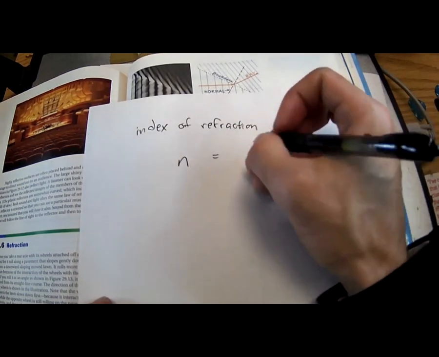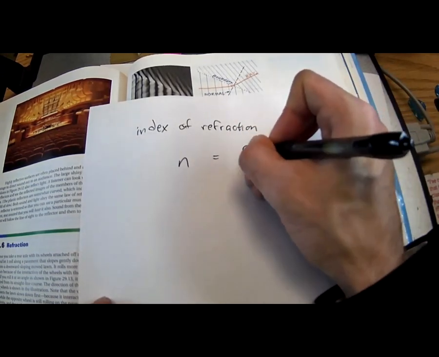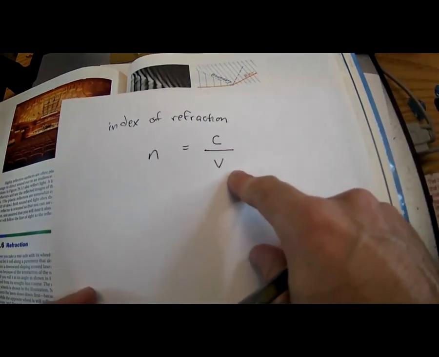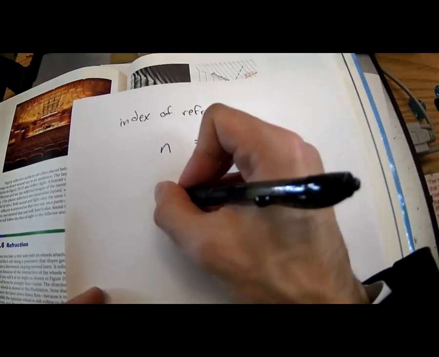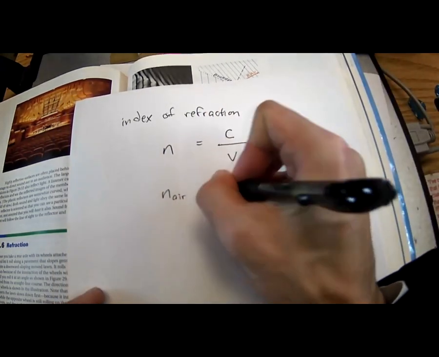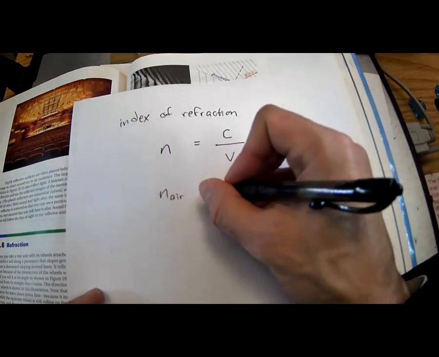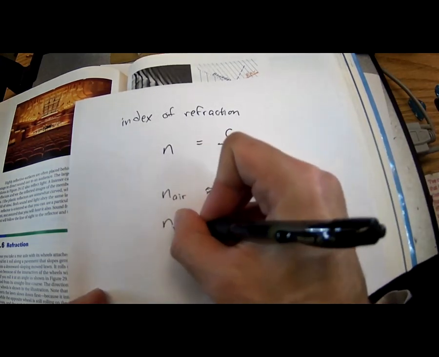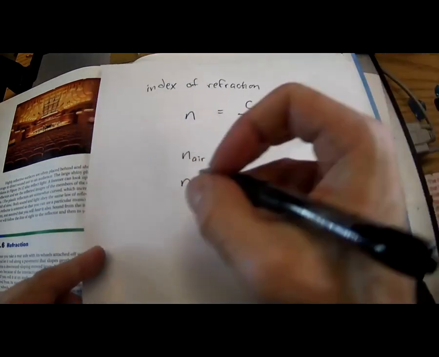It's equal to the speed of light in a vacuum compared to the speed of light inside the material, which is always going to be more than 1. For air, I want to say it's like 1.001, so it's just a little bit bigger than 1. For a perfect vacuum, it would be exactly equal to 1 because it's a 1-to-1 ratio.